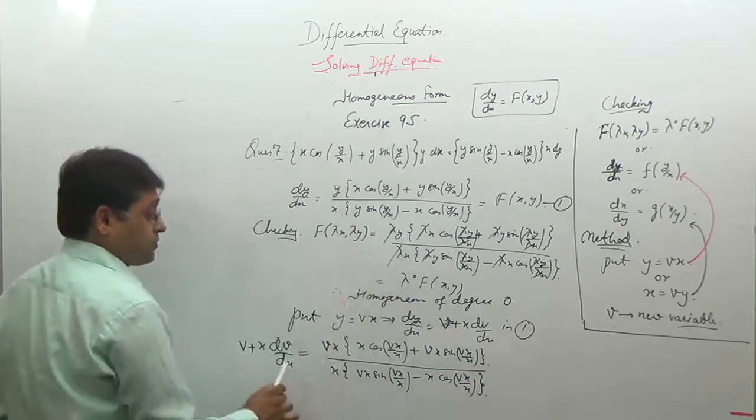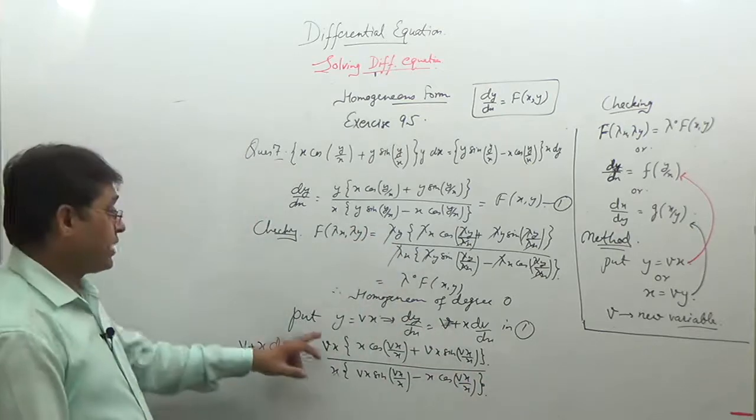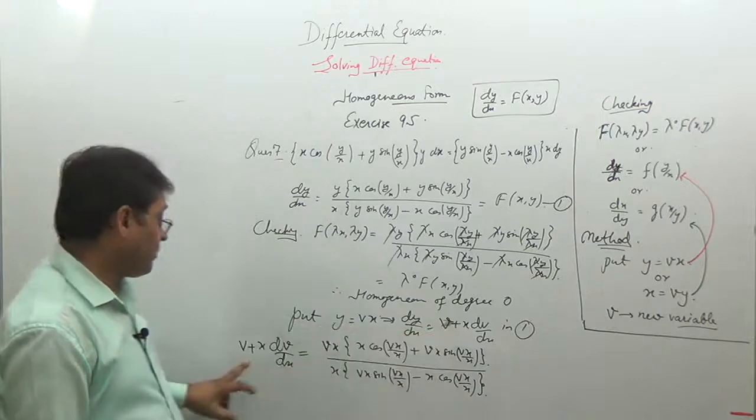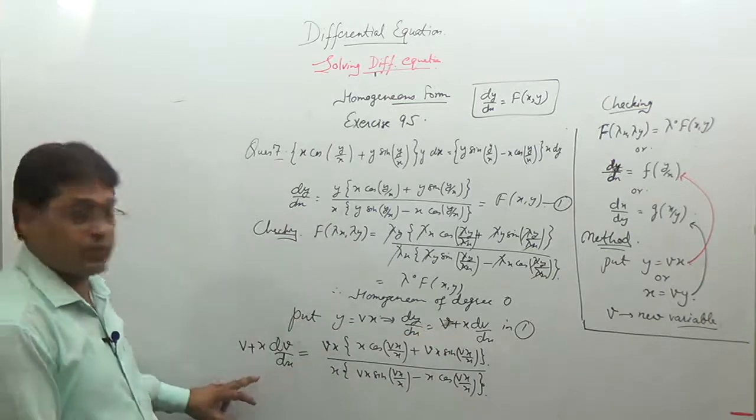So I have substituted y is equal to vx and dy by dx is equal to v plus x dv by dx in the first equation.